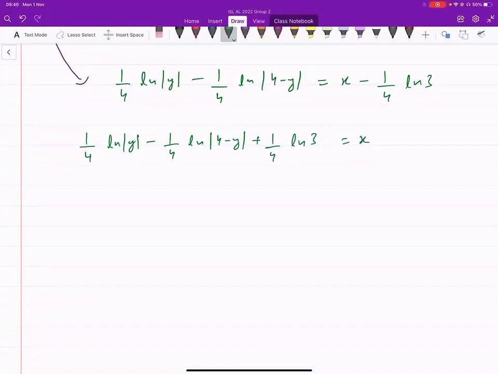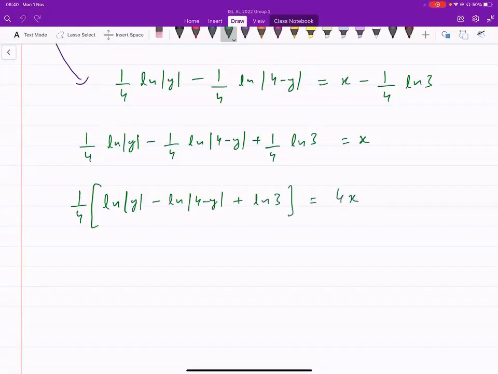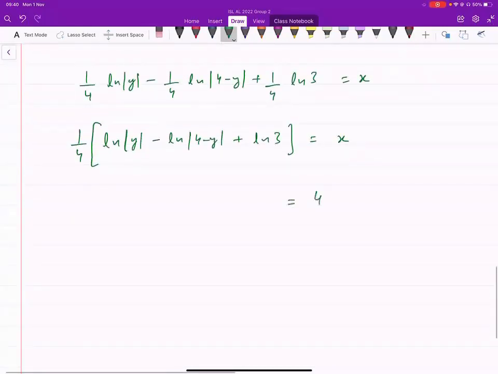Now we could take this 1/4 to the powers, but that will make things very complicated. What you can do is take 1/4 common. 1/4 common ले लेते हैं, and that gives you ln of y minus ln of 4 minus y plus ln of 3 equals 4x. 4 को फिर वहाँ पे ले जाएँगे. We got 4x on the other side.